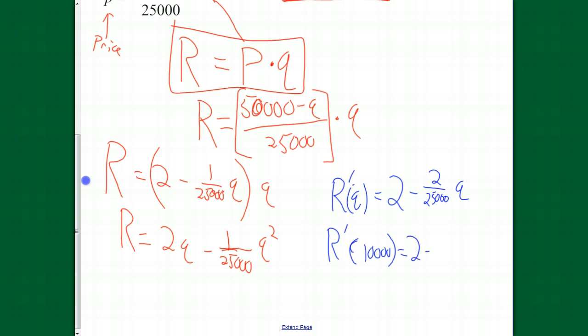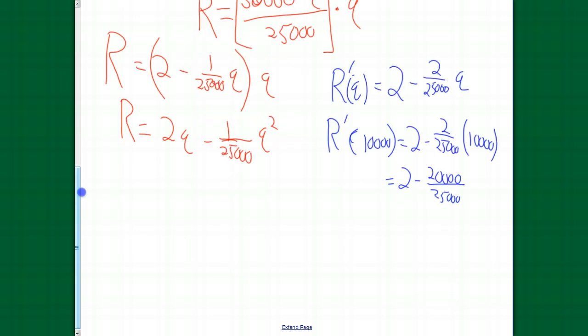So we got 2 minus 2 over 25,000 times 10,000. 2 minus 20,000 over 25,000, which is, well, 20,000 over 25,000 is 4/5.